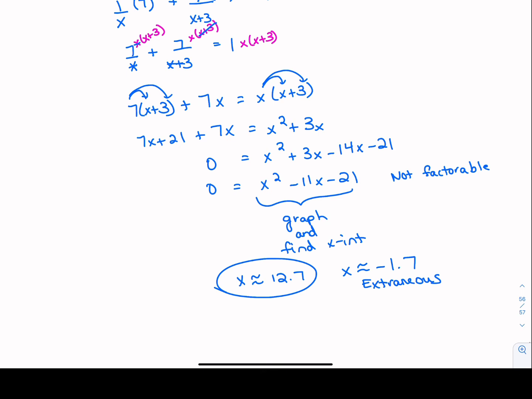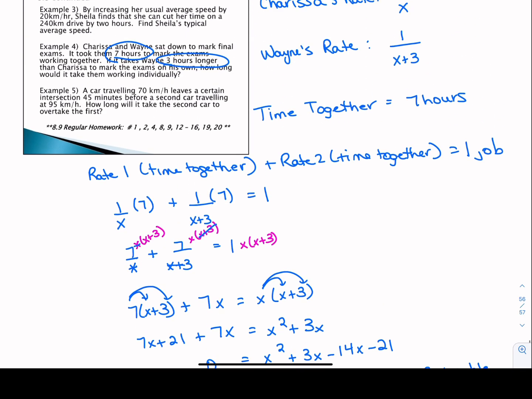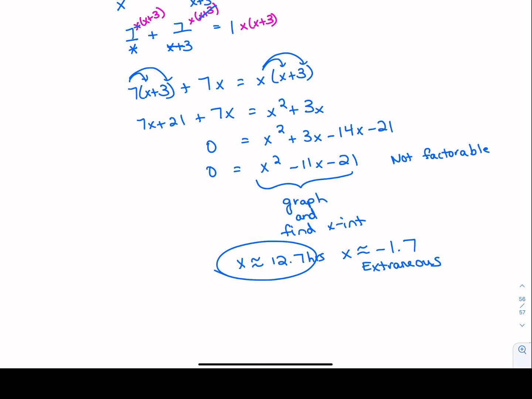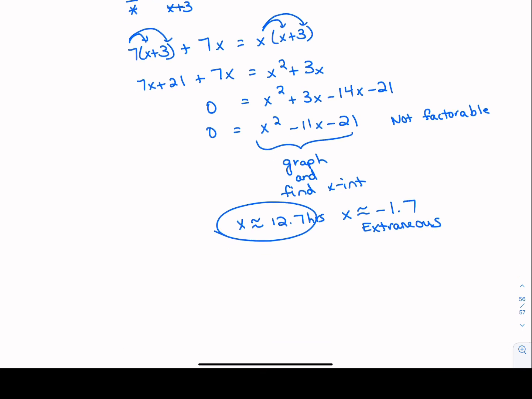If we wanted to know, again, this is in hours, if we wanted to know how many hours it takes Wayne, all we need to do is add 3 to that total. So if you want to convert those hours once again to minutes, we know that we will have 12 hours.